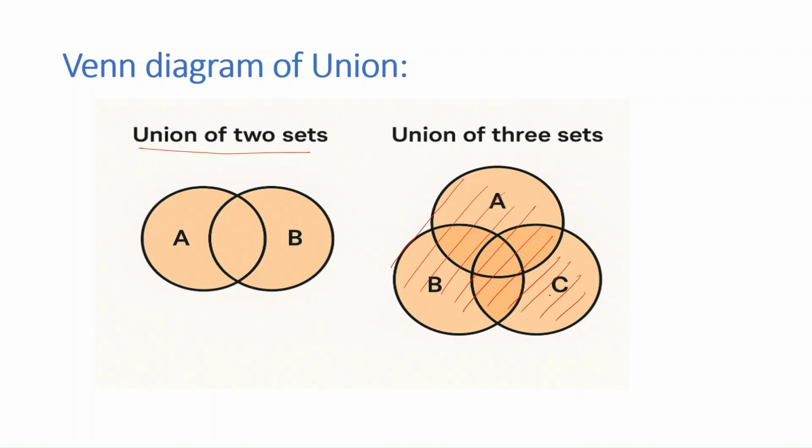In case of three sets, what will be A union B union C? If A is 10, 12, 11, B is 50, 45, C is 50 and 11, then what is A union B union C?